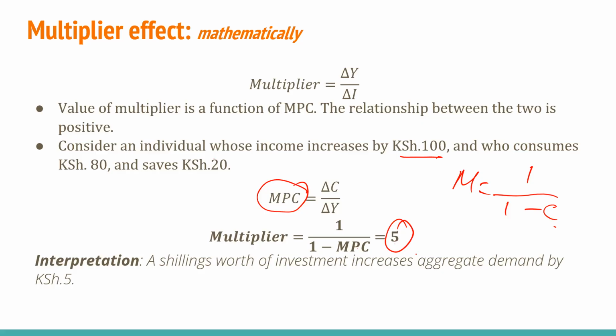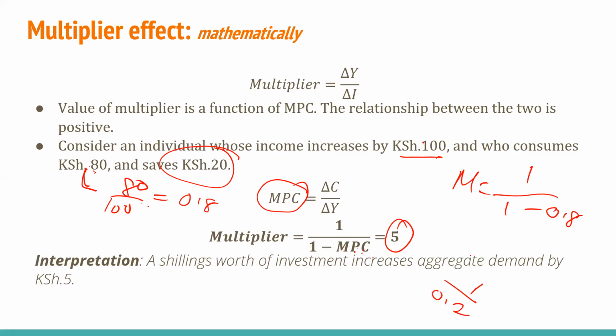So the investment multiplier there, because he's consuming 80 out of the 100 shillings, 80 over 100 gives you 0.8. That will be the marginal propensity to consume. And if we replace it here, that will be 1 divided by 0.2. And that is what is giving us that 5.